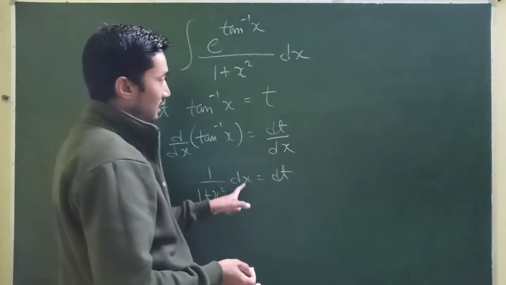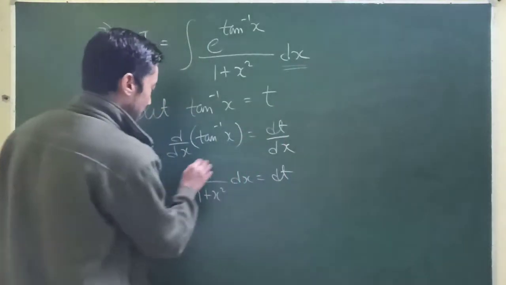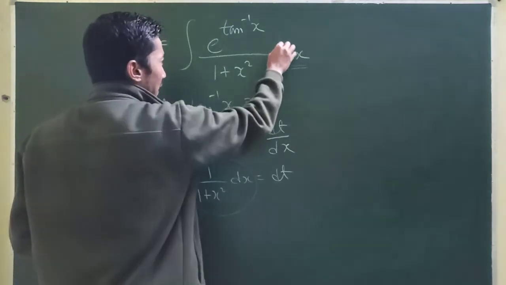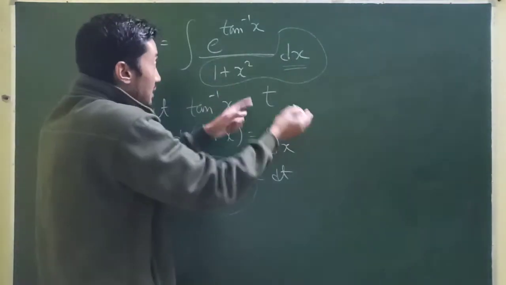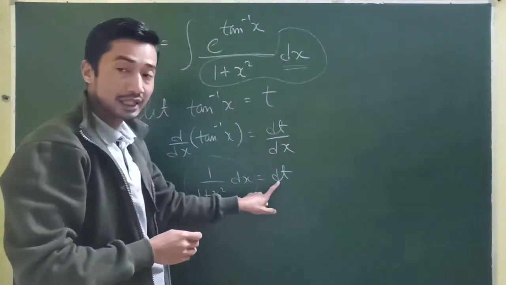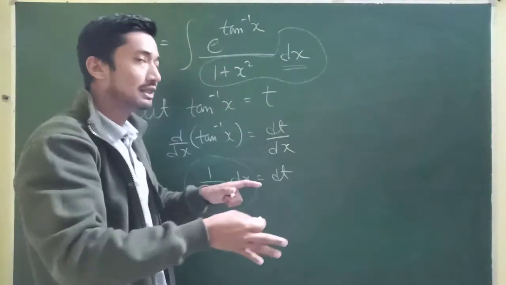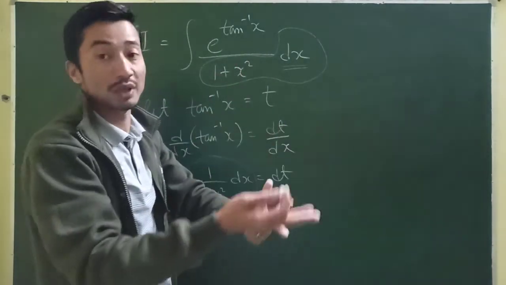Now either you can replace the value of dx, or you can keep it as it is, because I have already identified this function in the integrand, so the whole term can be just replaced by dt instead of dx, again cross multiplying, cancelling and all. If you can identify and keep it, you can replace it immediately.